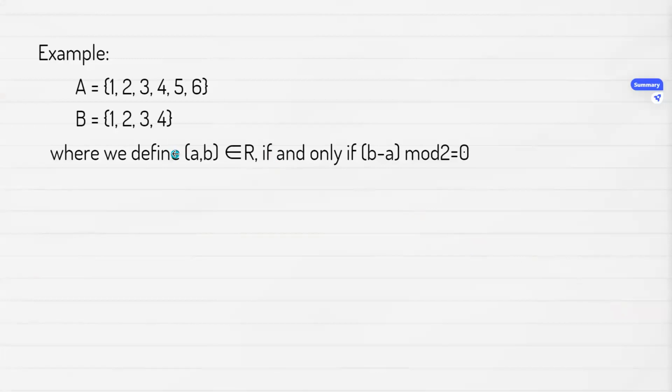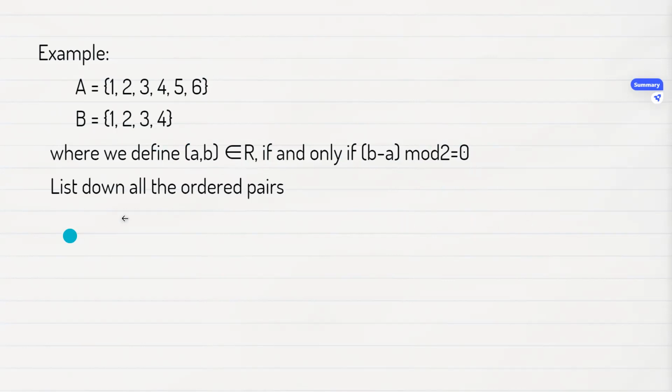In this much more complex example, we have set A encompassing all digits from 1 through 6, set B encompassing all digits from 1 through 4. However, there is a condition for us to say that an ordered pair is a relationship, which is that it can only be a relationship if and only if the second value deducted by the first value, when divided by 2, has no remainder.